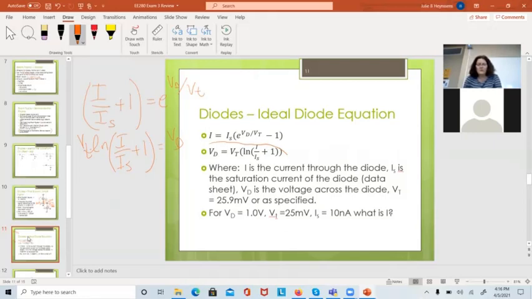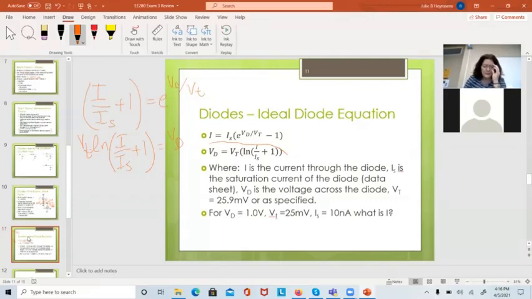So if you know 2 out of 3 things in that equation, IS is usually a number that's on the data sheet, or you're calculating it, or you're measuring it from using this curve. VT is on the front page of the exam, and your real variables are IS, VD, and I. Can you solve for the other one?